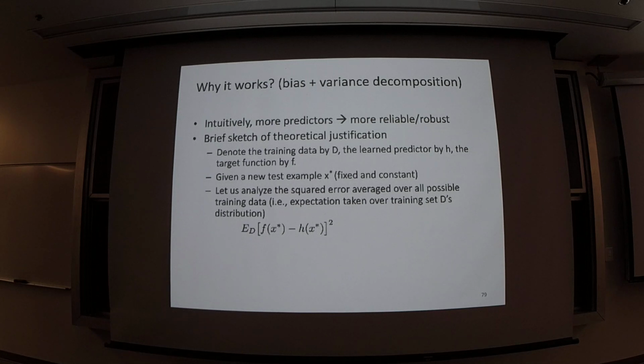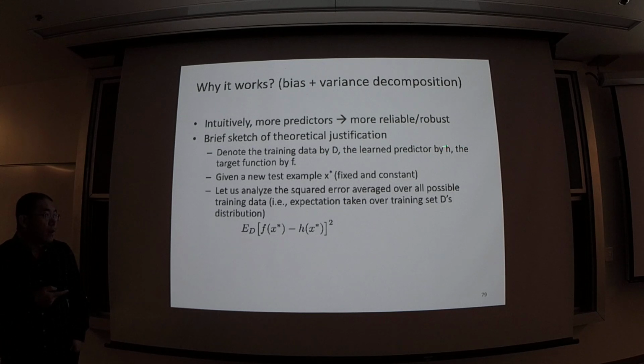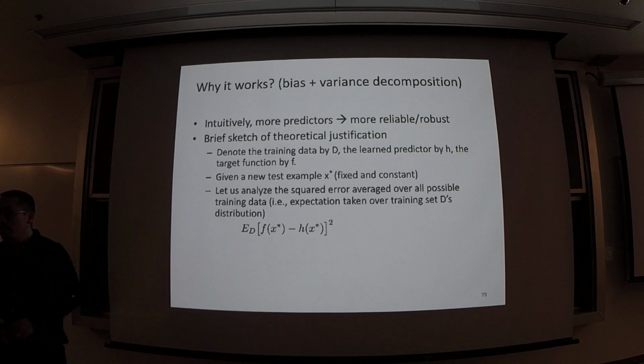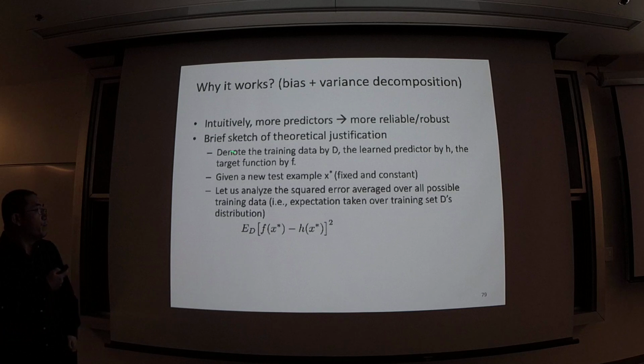So how can we justify it? Let us denote the training data by B, and suppose we have learned a predictor or hypothesis H by our algorithm. This is our learned classifier, maybe our decision trees, right? And we have some target function F.